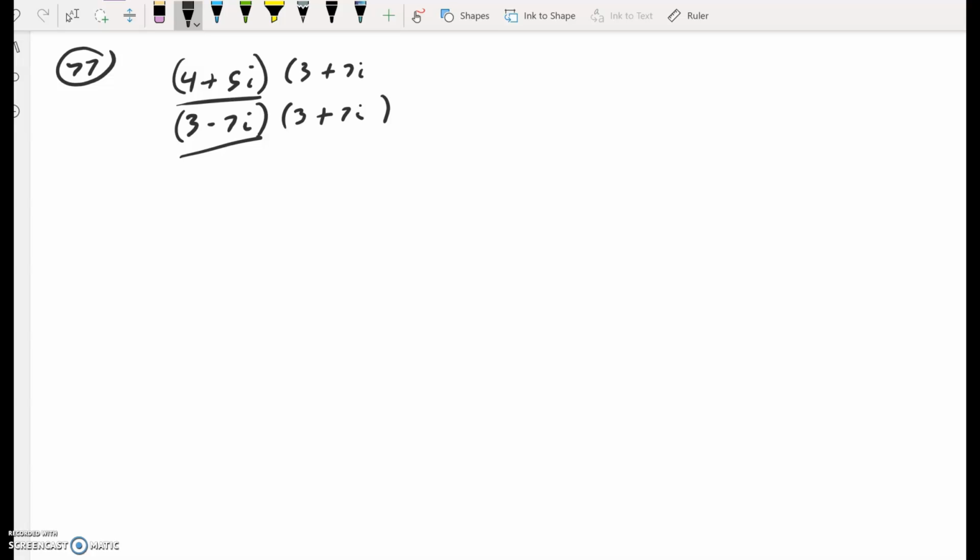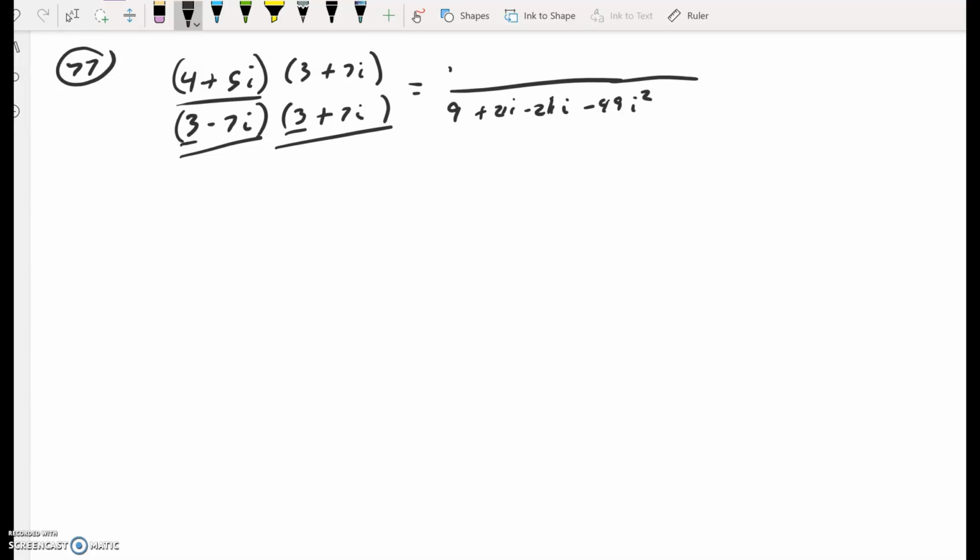What we do to the bottom, we have to do to the top. So on the bottom, we get ourselves a 9, doing FOIL, this times this, and then we get a plus 21i, and then we get a minus 21i, and then we get a minus 49i squared.